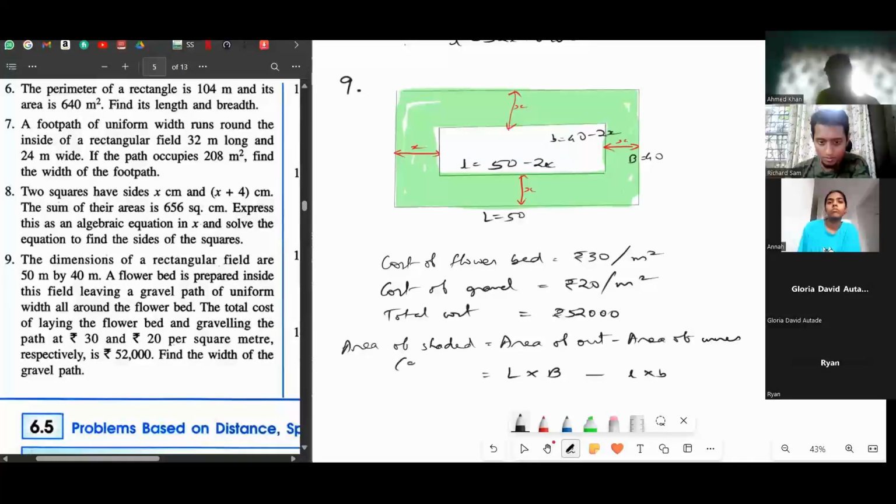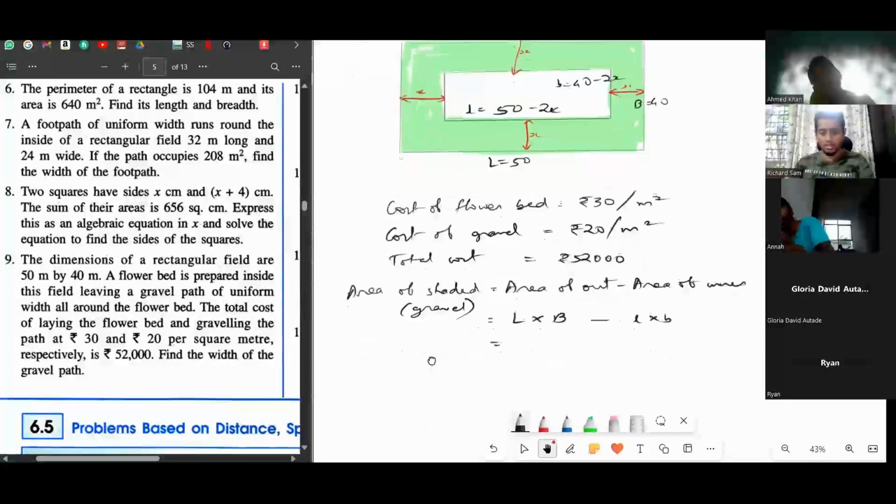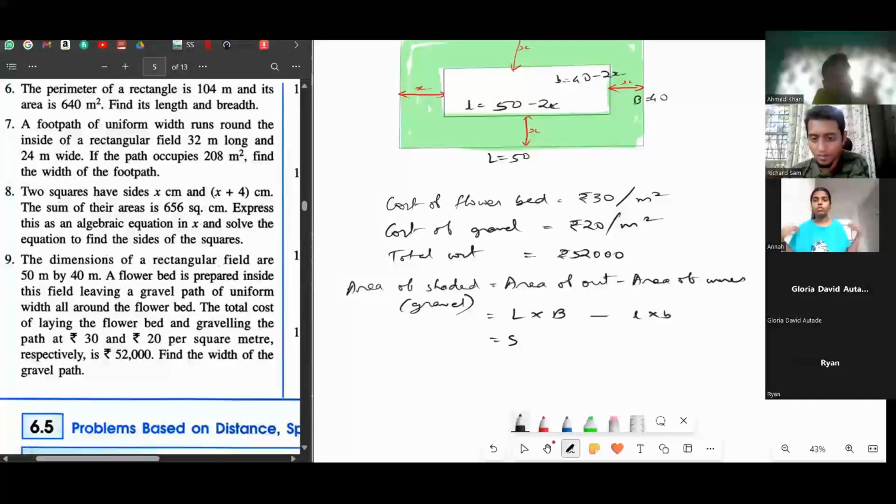We're not doing the total. So let's put the values over here. That is 50 into 40 minus. There's a minus here, that's why I'm putting a bracket. You know what happens when there's a minus outside.